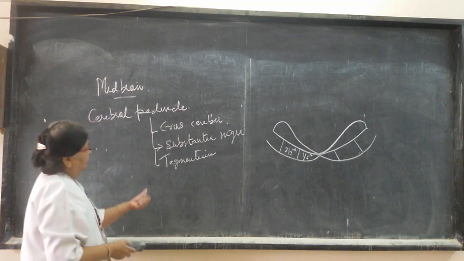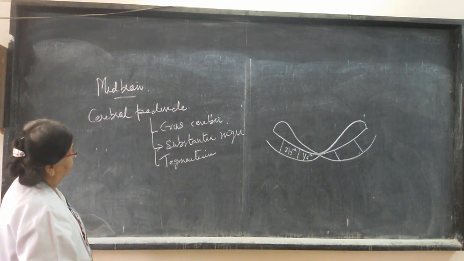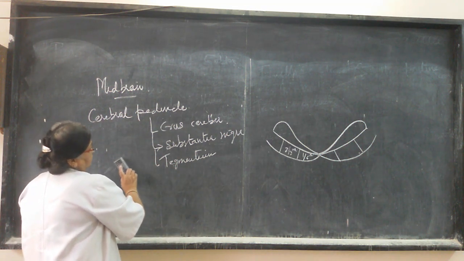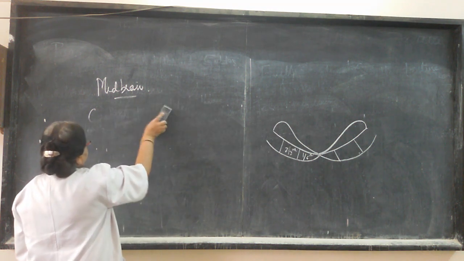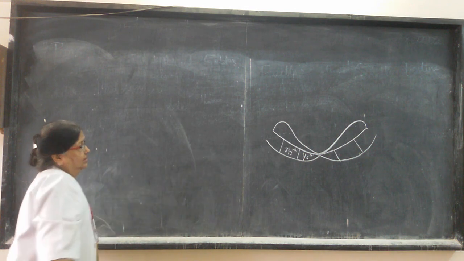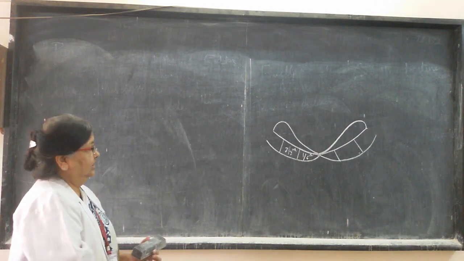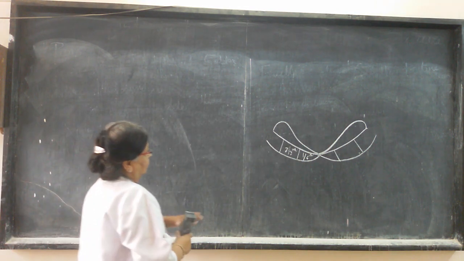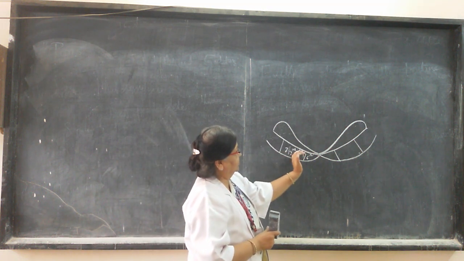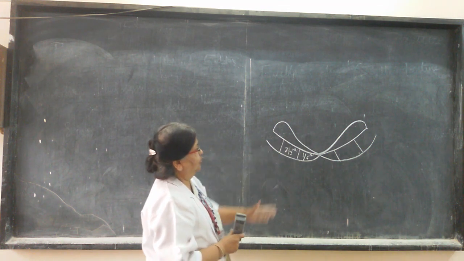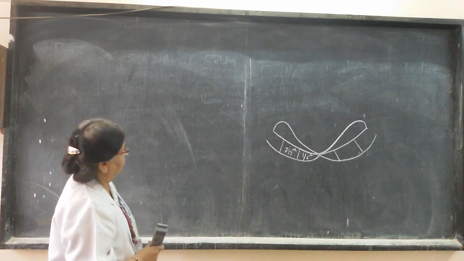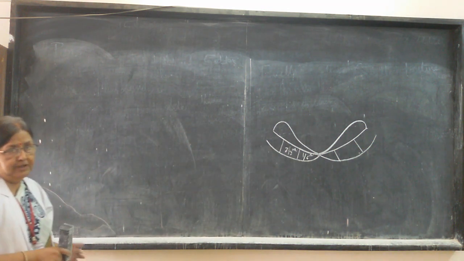Now coming to the tegmentum. The tegmentum has different structure at different levels. The crus cerebri and substantia nigra have the same structure throughout the extent of midbrain, but the structure of tegmentum varies.